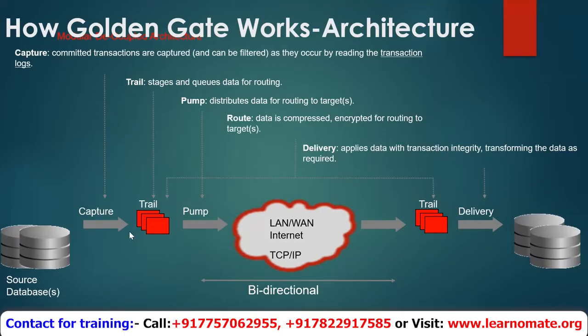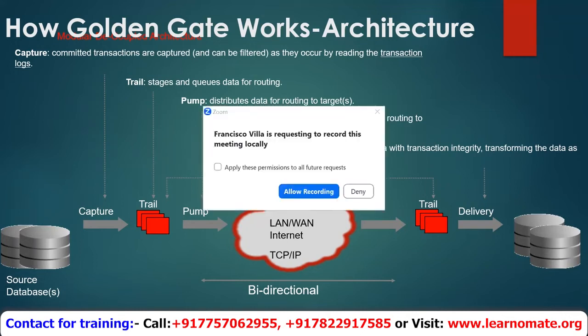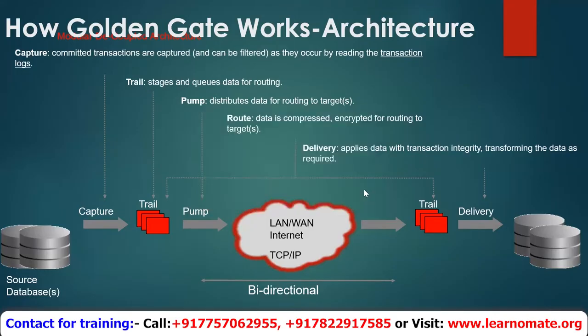In classic architecture, what happens is you configure the GoldenGate extract process. Remember one thing, the capture process is also called the extract process. So whenever during the training we refer to extract, it means capture. And when we refer to delivery, it also means replicate.